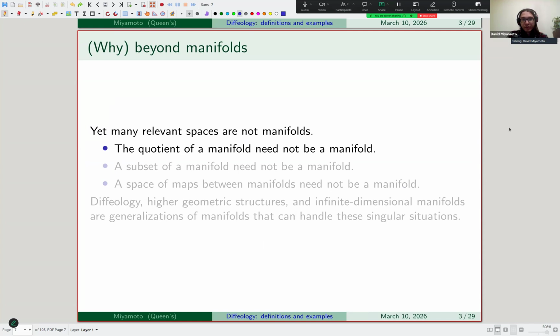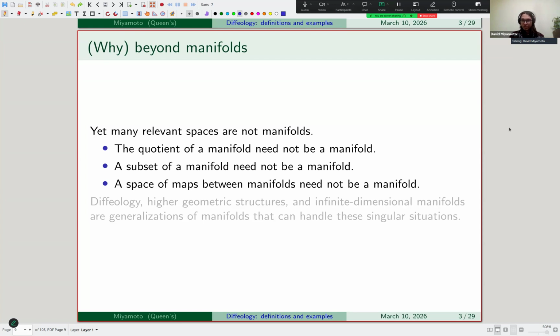The arbitrary quotient of a manifold, for instance, can fail to be a manifold. An arbitrary subset can also fail to be a manifold. And if you have two smooth manifolds, then the space of smooth maps between them might not be a manifold.